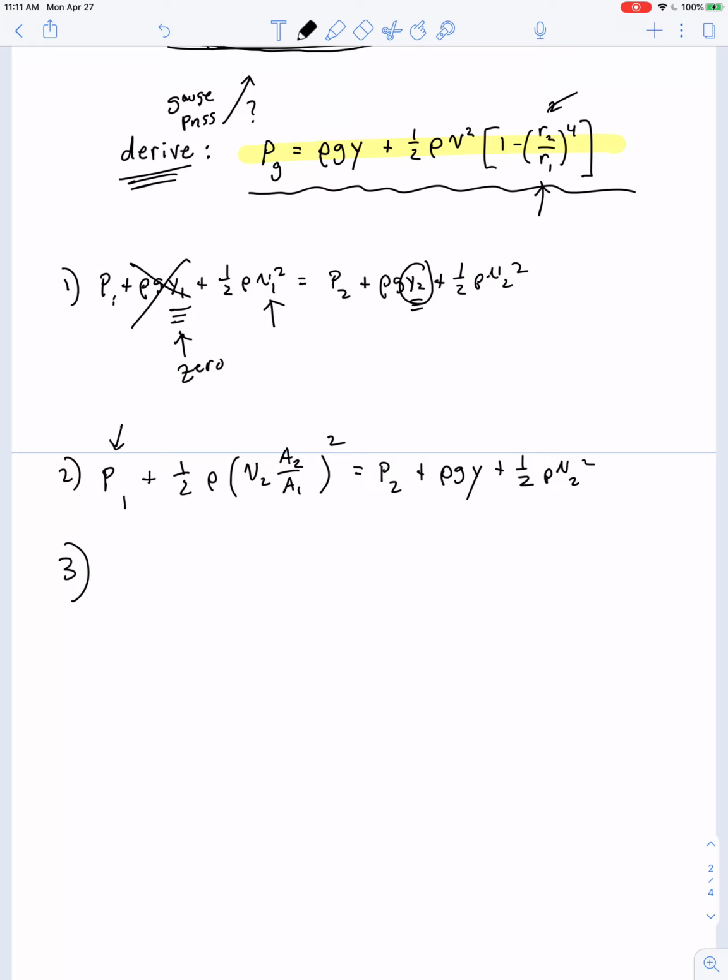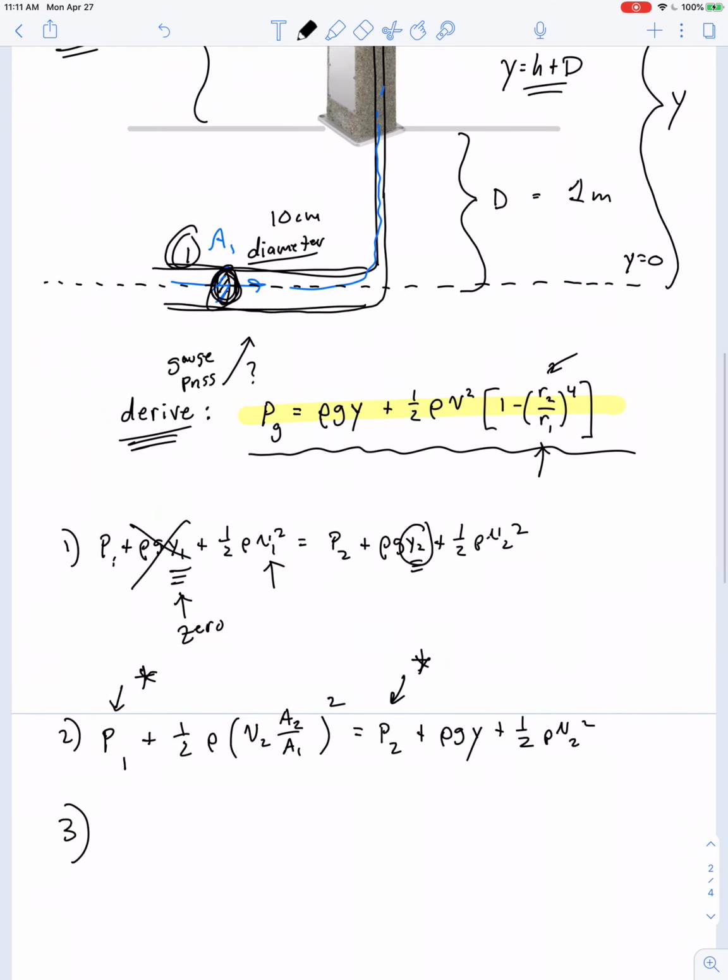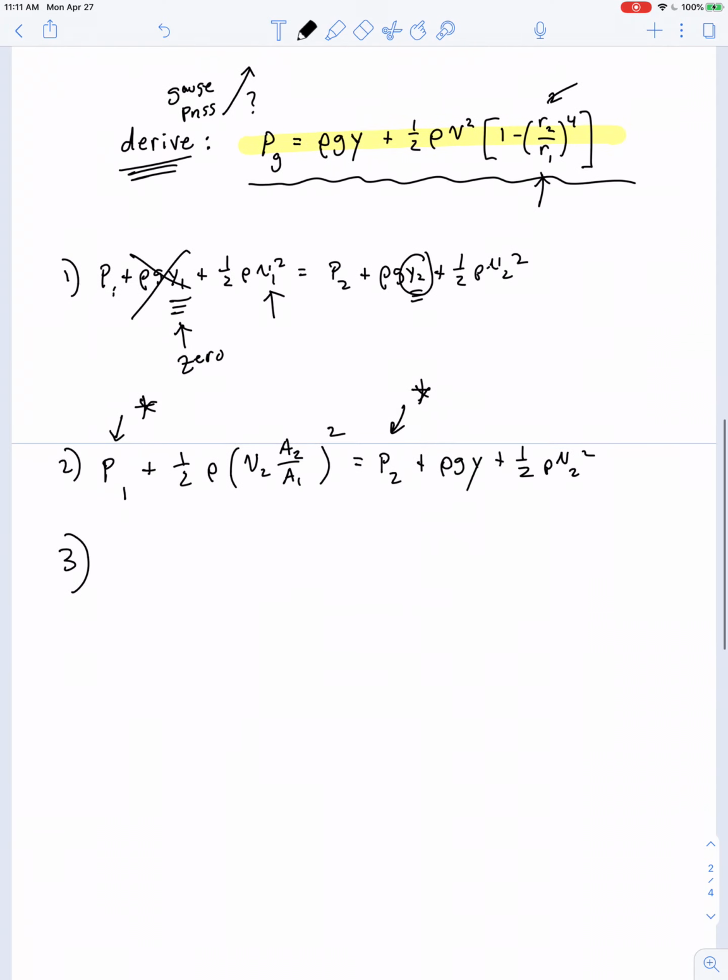Here, the pressures we're referring to are absolute pressure. So the absolute pressure at point 1 in the pipe is equal to atmospheric pressure plus the gauge pressure at point number 1. And then we have plus 1/2 rho V2, and then let's make another substitution.